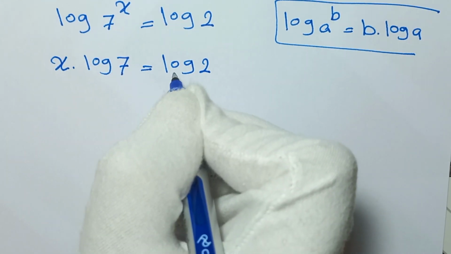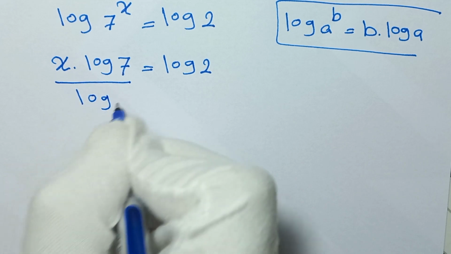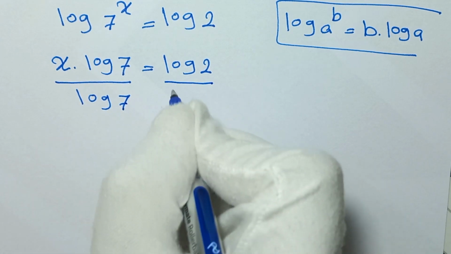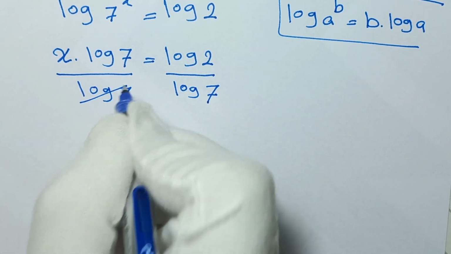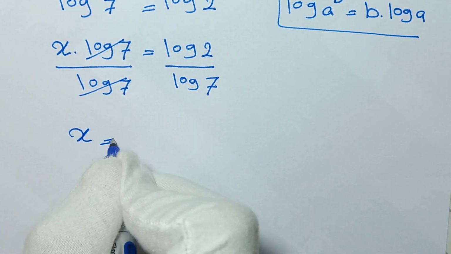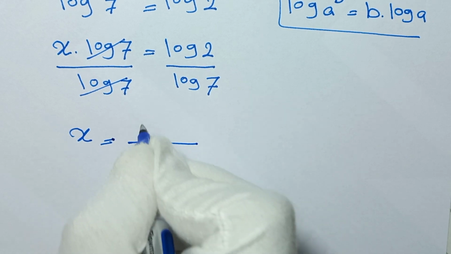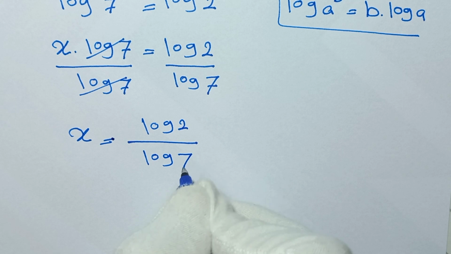And in the next step we divide both sides of the equation by log 7. So this divided by log 7, and this divided by log 7. And in here this will cancel this, and we have x is equal to log 2 over log 7.